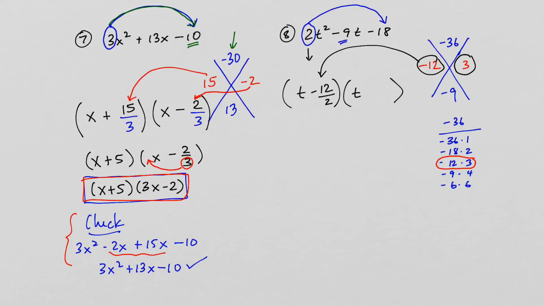And then the positive 3, same thing. I bring this over here, positive 3, but I need to divide that one by the leading coefficient as well. And when we do this, we get t minus 6, and then t plus 3/2 does not simplify. And if you have a fraction left over, the last step is take that denominator and sneak it in front of the t here.